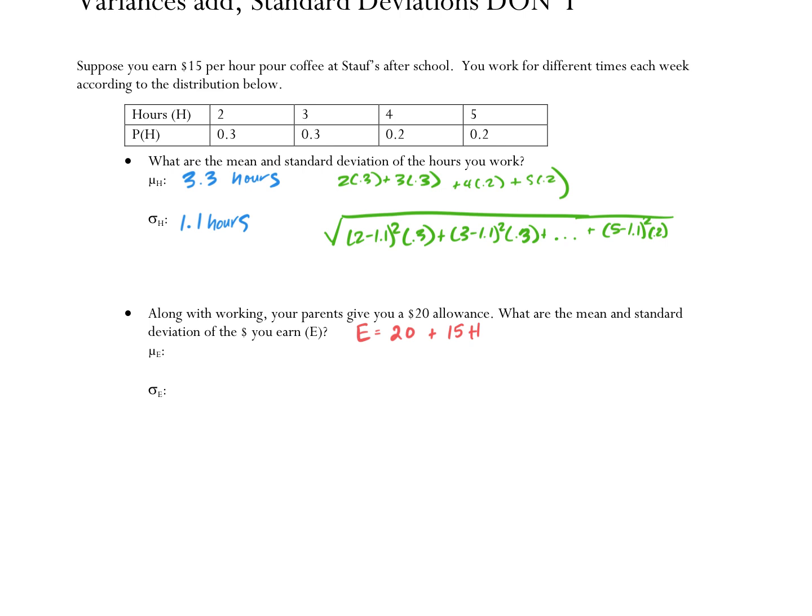All right, so what's your mean earnings going to be? Will the $20 affect your mean earnings? Will the $15 affect your mean earnings? $15 per however many hours. So both of them change with the mean. So you're going to do 20 plus 15 times the mean hours.